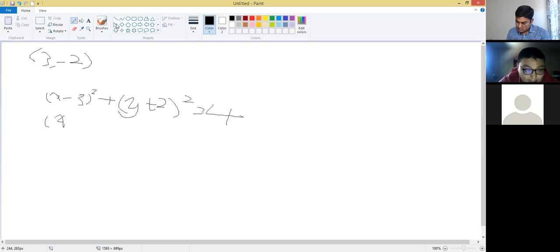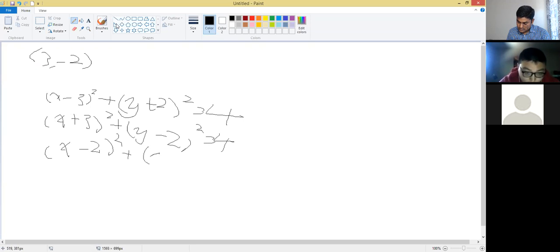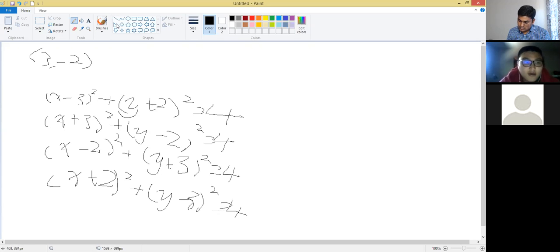Second one, (x plus 3) squared plus (y minus 2) squared equals 4. Third one, (x minus 2) squared plus (y minus 3) squared equals 4. Fourth one is (x plus 2) squared plus (y minus 3) squared equals 4. So for the center (x, y) is (3, -2). What's your equation?